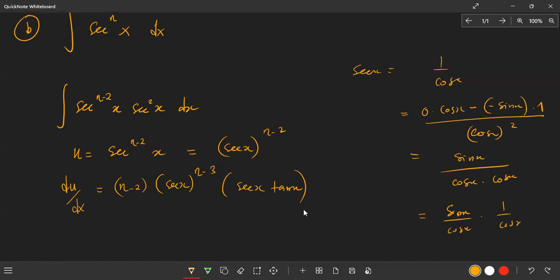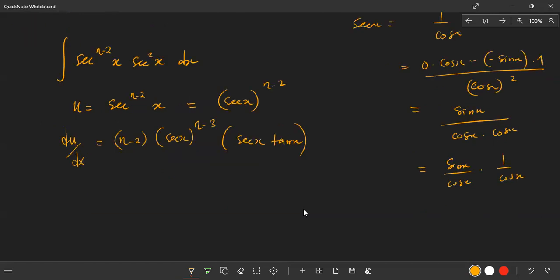When you split those two, sin x over cos x gives us tan x, and 1 over cos x is sec x. So you can just know it by heart that the derivative of sec x is simply sec x tan x. I think that is clear. Yes, it is.